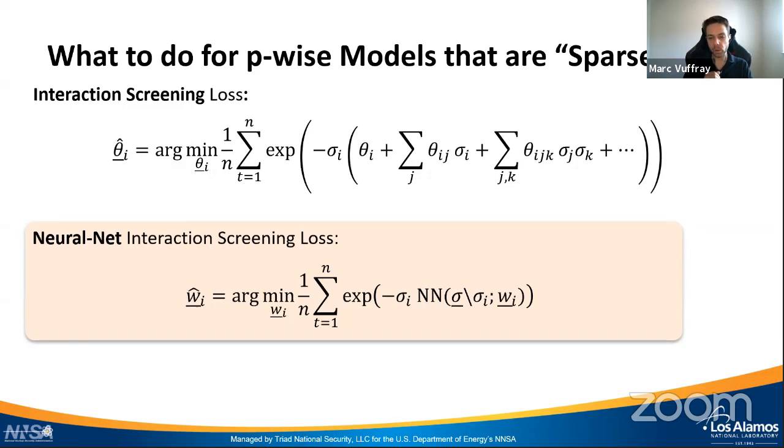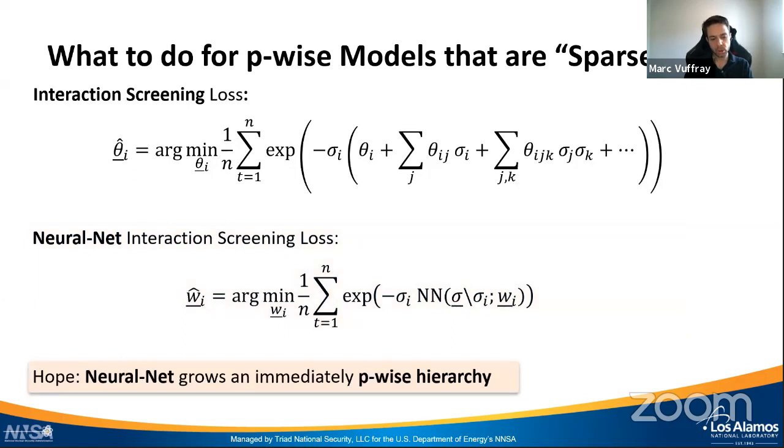This is the part that you can actually replace by a neural network. And what's the idea behind it? The neural network is growing a different kind of hierarchy, and hopefully the neural net will immediately grow a piecewise hierarchy involving all possible terms, but sparse, or the complexity grows in a different way.